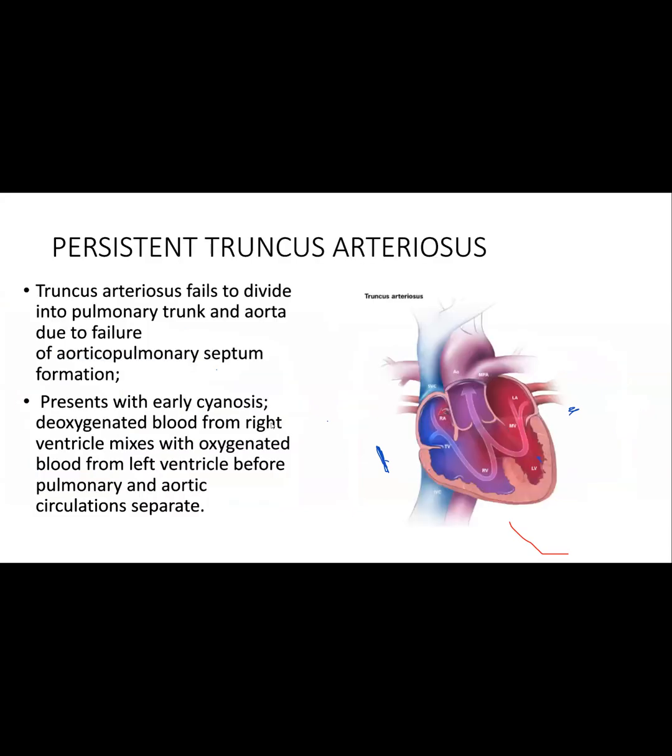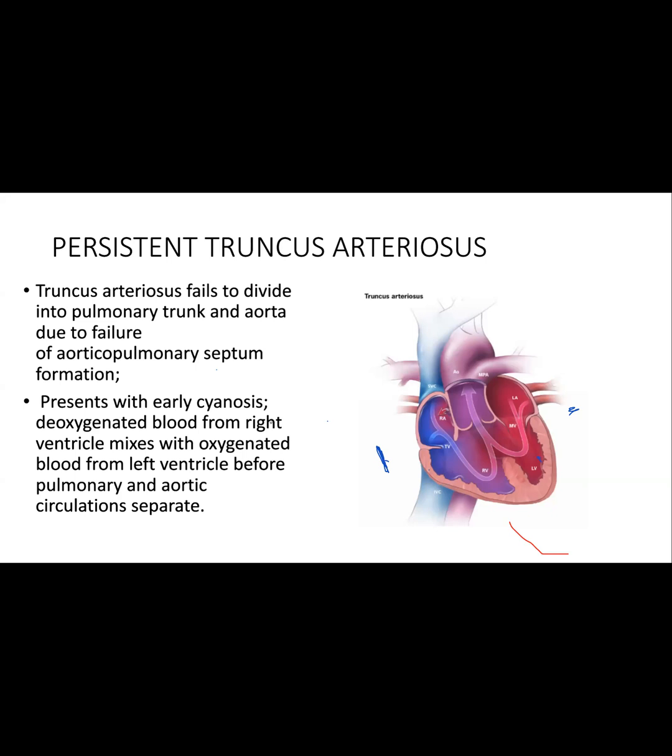And then persistent truncus arteriosus. This is also a very rare type of cyanotic heart defect. Truncus arteriosus is basically a big structure present during fetal development, and later in development it divides to form two separate arteries, the aorta and the pulmonary artery.